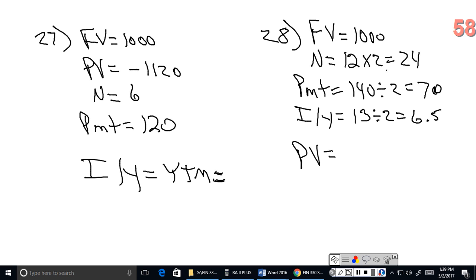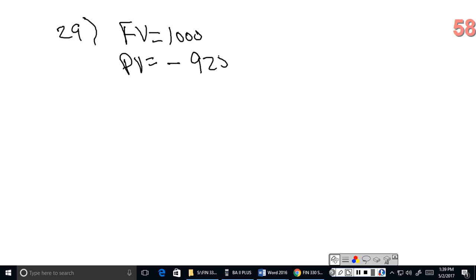Okay, so for 29, yield to maturity, $1,000 par value bond, so future value, present value, negative 925, matures in 8 years.